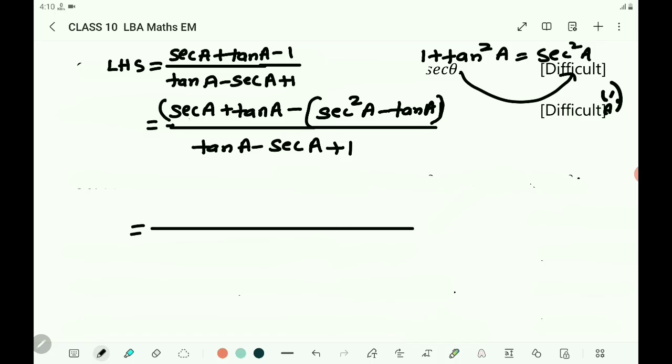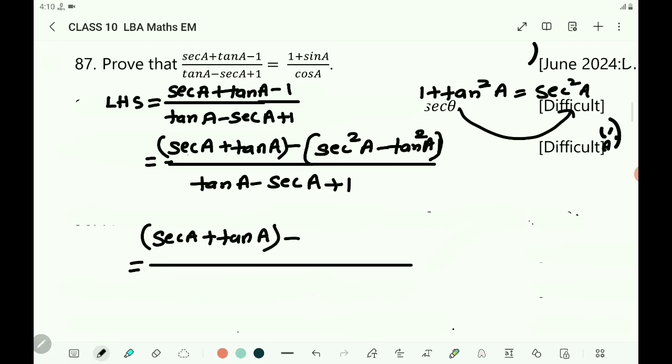Here take this in the bracket: secant A plus tan A minus (secant square A minus tan square A). Here 1 is equal to secant square A minus tan square A, that is equal to x.